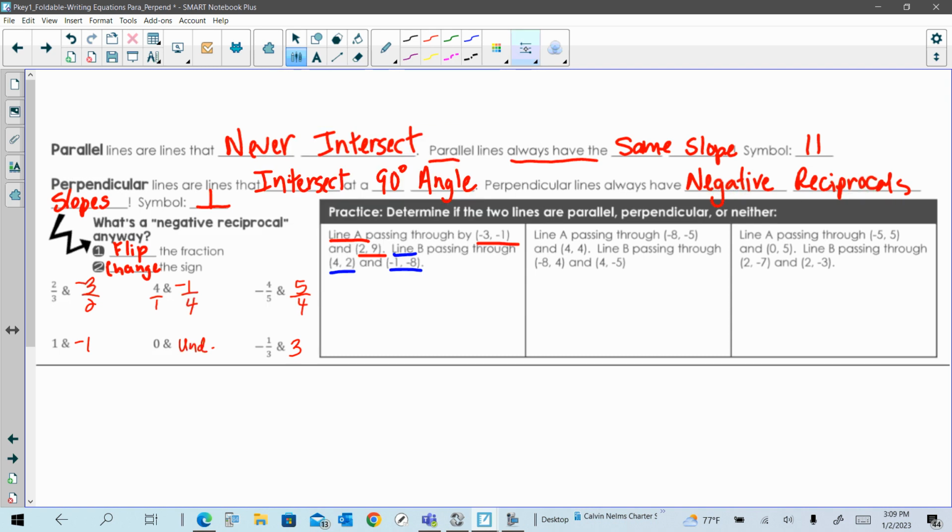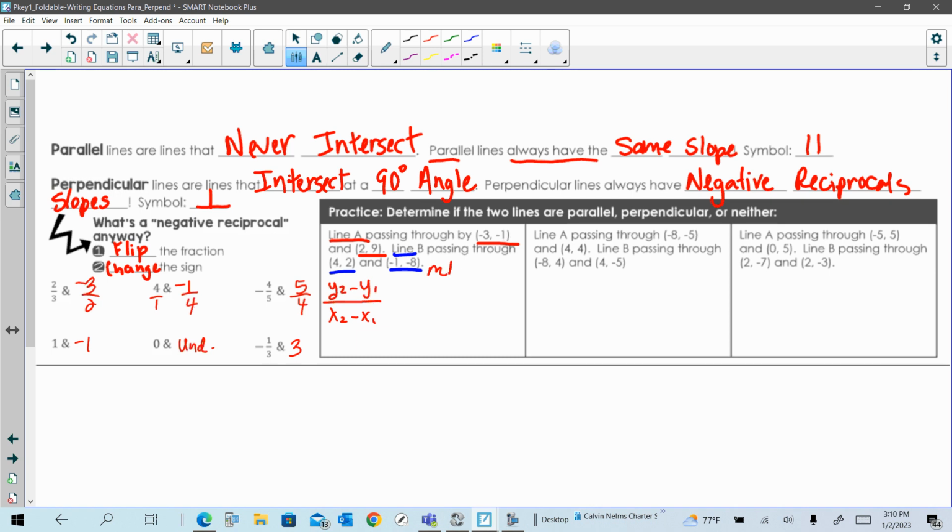If I'm given two points to find the slope, we do y2 minus y1 over x2 minus x1, the change in y over the change in x. The symbol for slope is this cursive m.